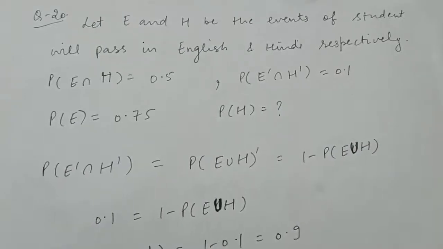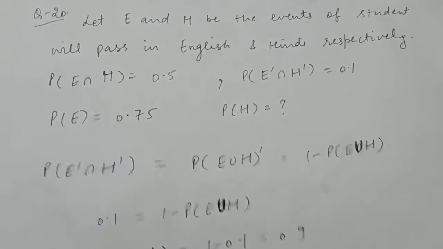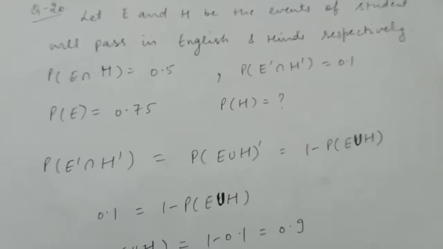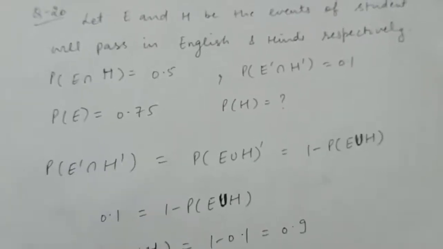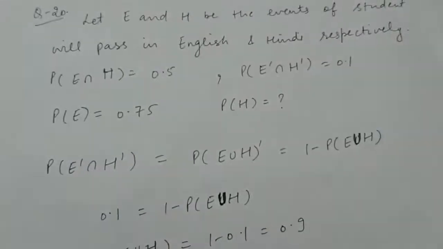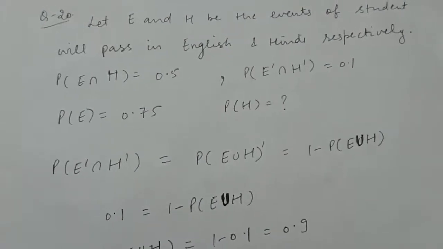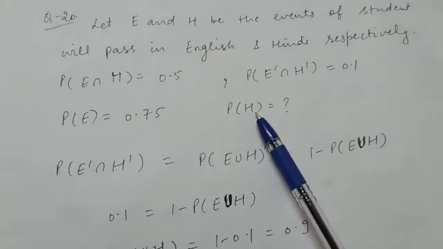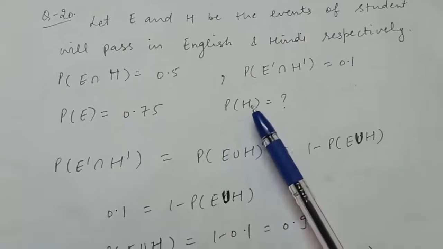Now they have given probability of passing in the examination English is 0.75, that is probability of E is 0.75, and they have asked find the probability of passing in the Hindi subject, that is probability of H.